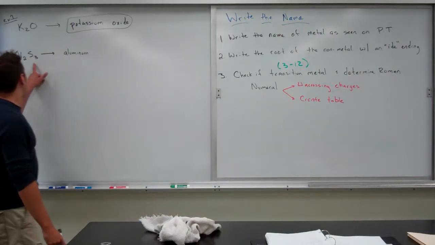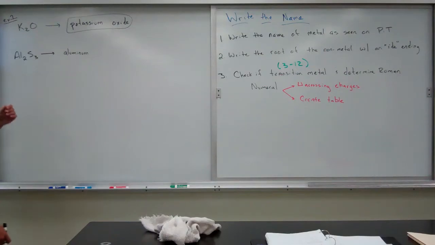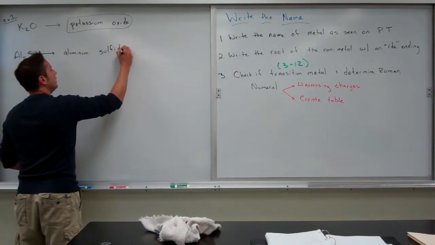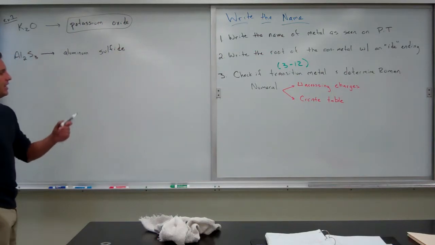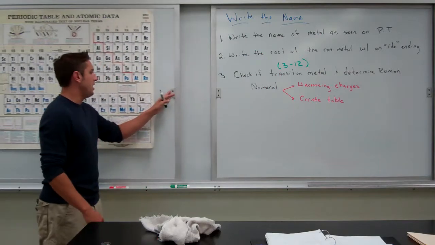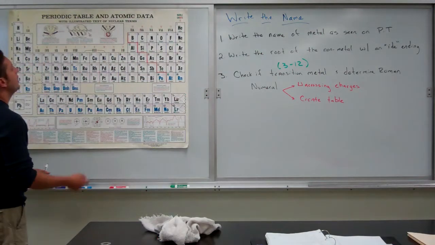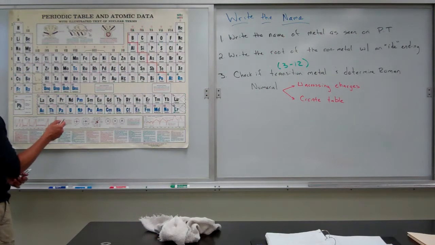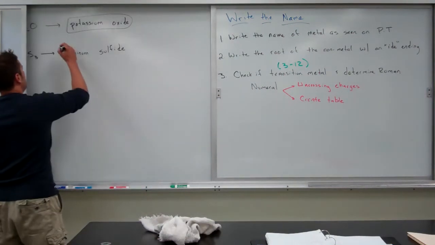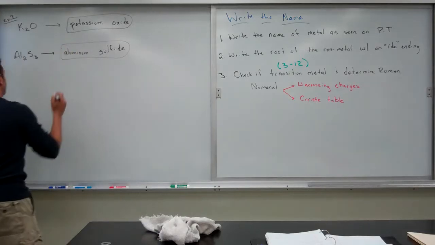Sulfur is S, so take off the end, and you will get sulfide. And then lastly, we check if aluminum is a transition metal to determine the Roman numeral. Aluminum, it's close, group 13, but not in 3 through 12. So aluminum sulfide is good.